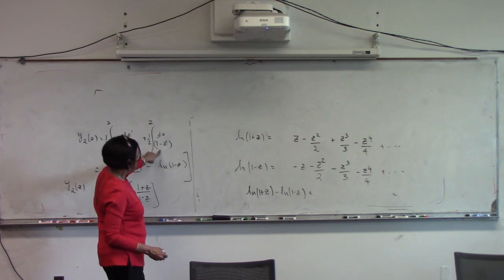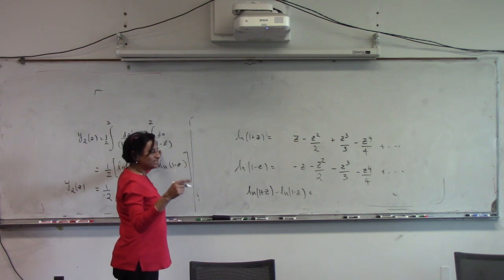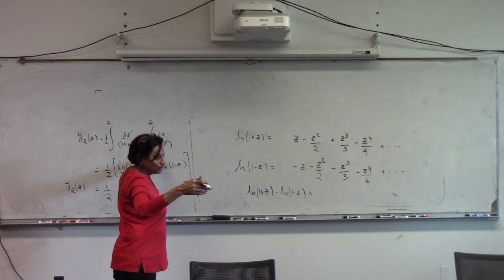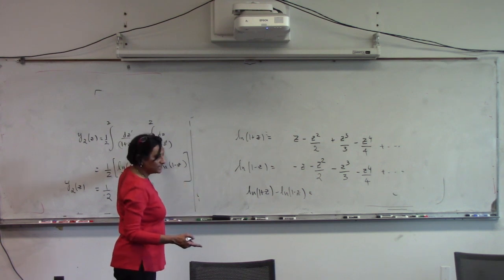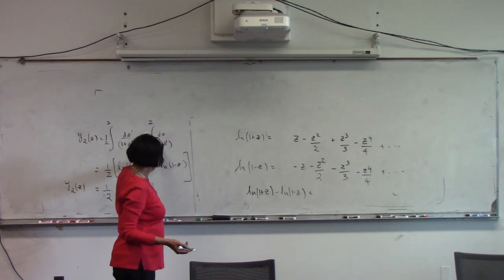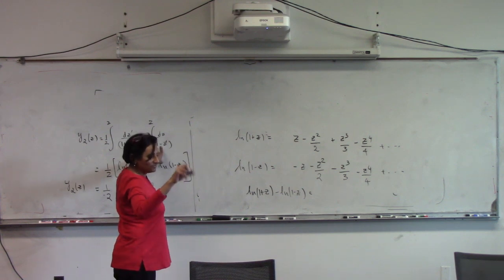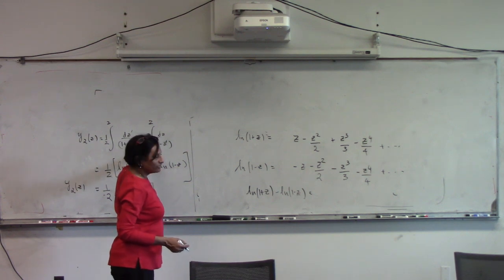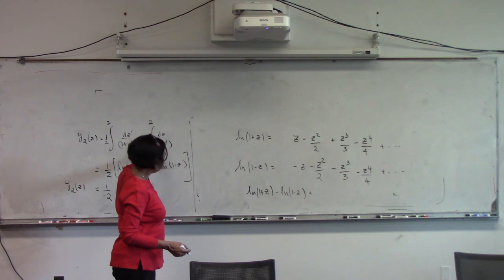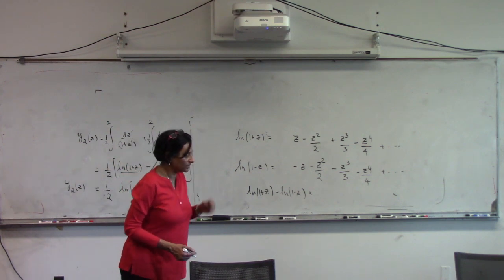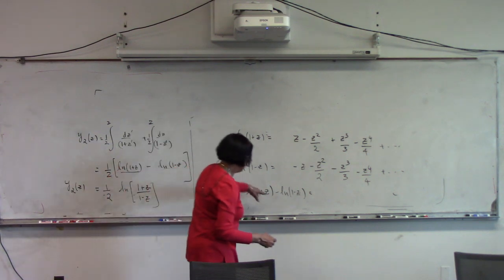You have to remember that 1 minus z, if you put it under a variable like z double prime, you will have an effective negative sign because of that.